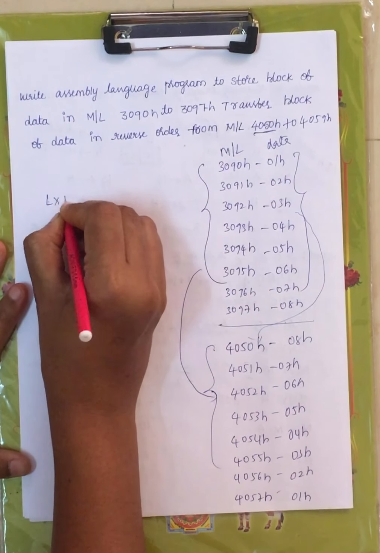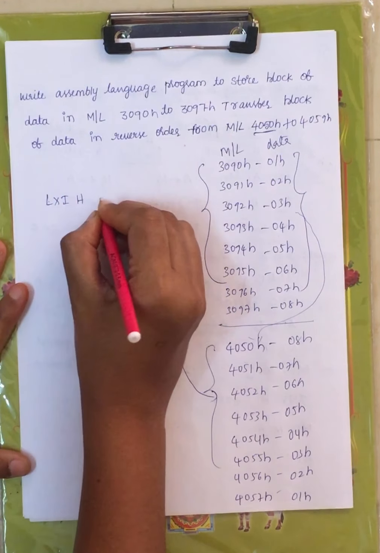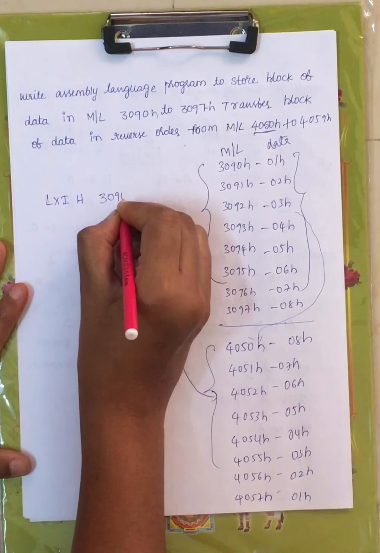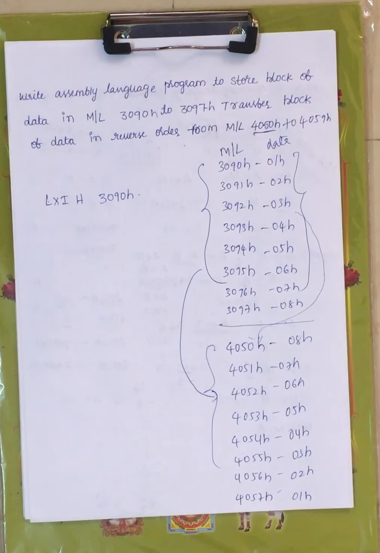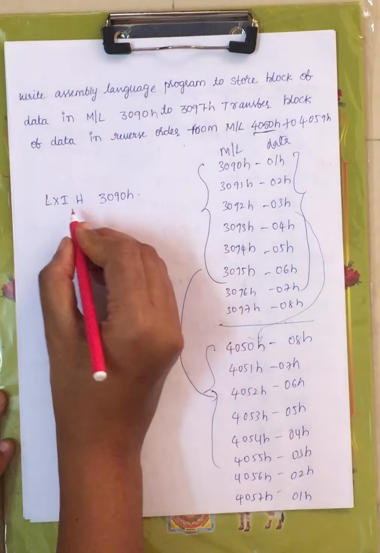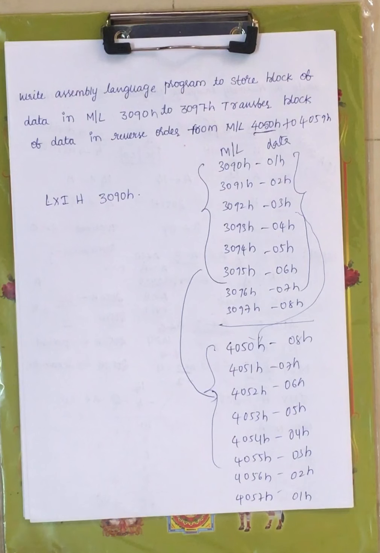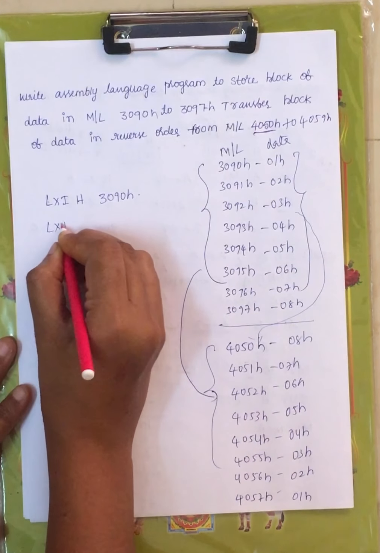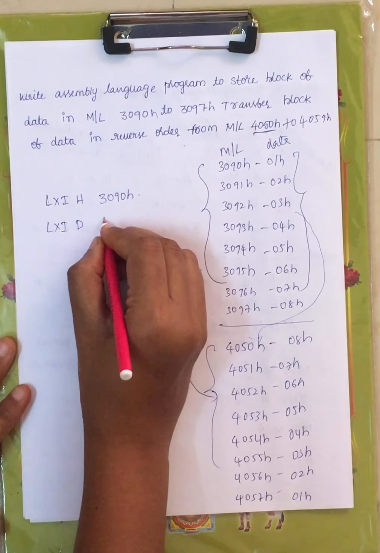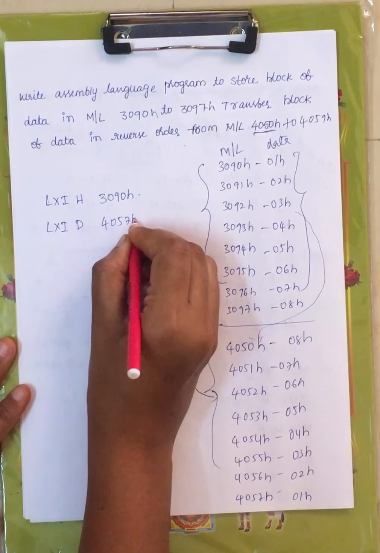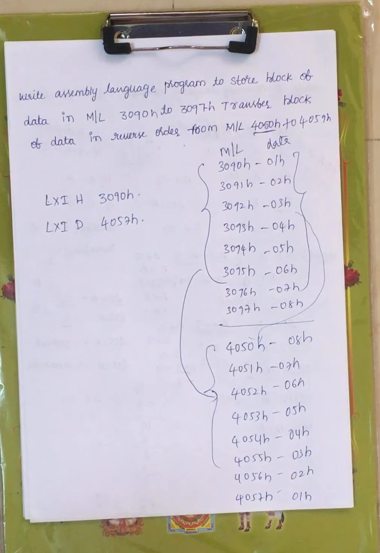Now initially LXI H. Now what is the first memory location? 3090H, right? LXI H, 3090H. Now this is the register pair HL, right? Now HL register pair we are loading with the memory location 3090H, right? Now next instruction LXI D, 4057H, right? Since we have to transfer this block of data in reverse order, that's why I am taking the last memory location.